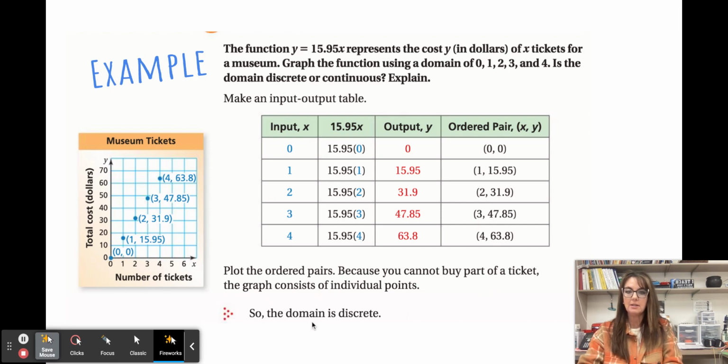We call this a discrete domain because if I were to connect these two right here, it would say that all the numbers from 0 to 1 for number of tickets, like a fourth, a half, a third, whatever, would all be possible input values. And they are not, because in the context of the problem, 0 tickets, 1 ticket, 2 tickets, counted quantities only. So this is going to have application that way.